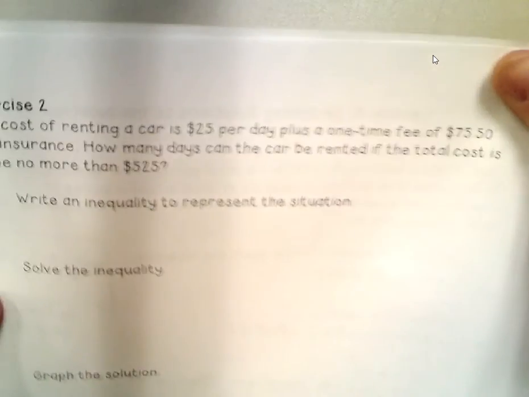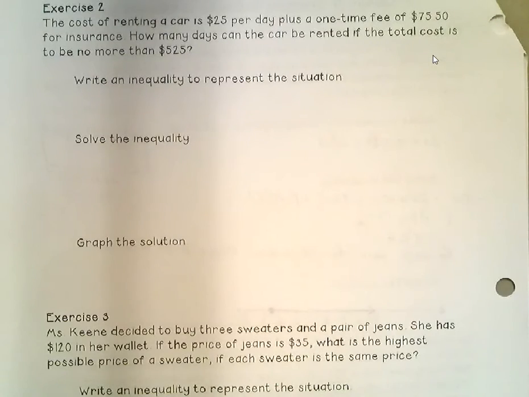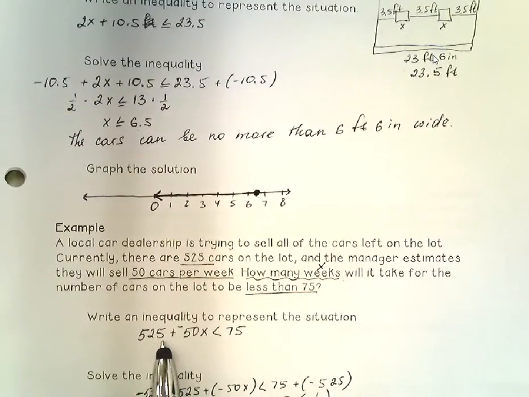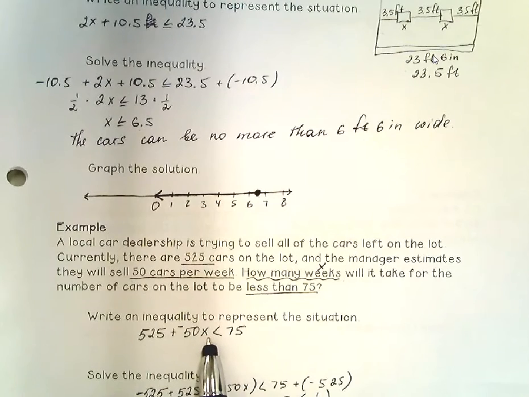Exercise 2. In class, we are going to probably talk about why that's happening, and we can actually verify the solution. If I substitute 9 for x in my inequality here, I will have 525 plus negative 50 times 9.